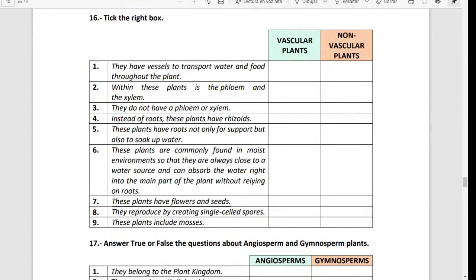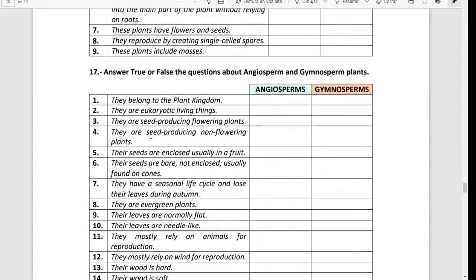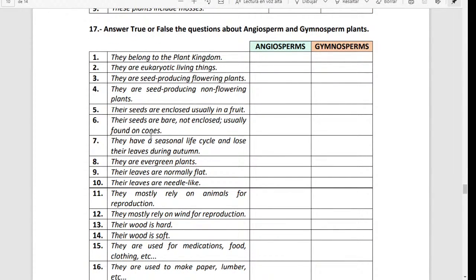Now, attention. I think we're going to make the most of this time, and remember, you have to try exercise 17. Exercise 17 is very easy. We can do it now. So pay attention now.